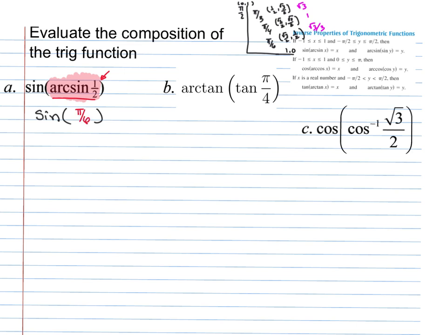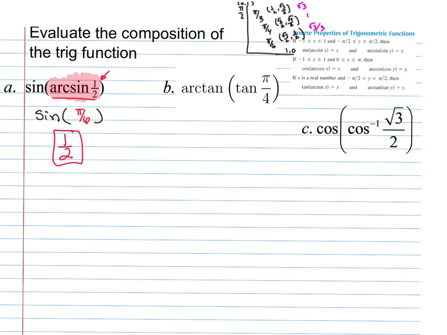Now we're going to do the opposite direction. Think of it as doing the reverse. So now we want to find sine of pi over 6. We know where pi over 6 is on our unit circle, and we find the ordered pair that corresponds with sine, which is 1/2. So this is 1/2.